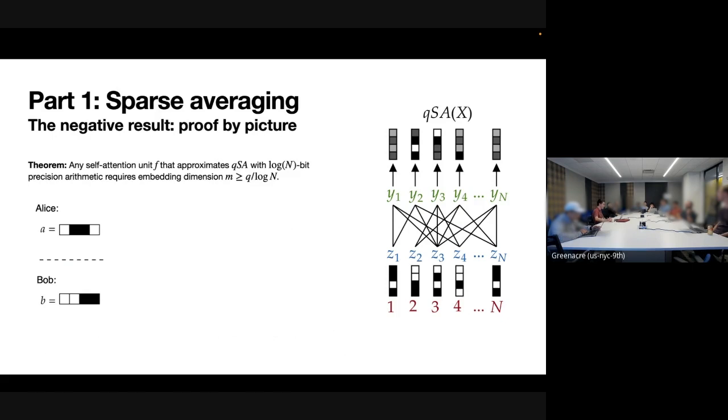So here, we have Alice and Bob, and each of them has an n-bit string. They want to ask the question: are their strings disjoint? In other words, is there any i such that A_i is 1 and B_i is 1? If that were not the case, then Alice's ones do not line up with Bob's ones.